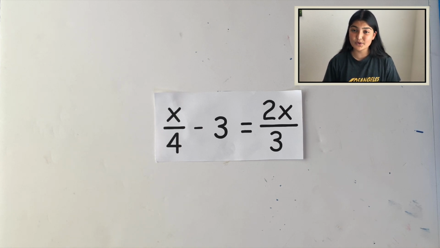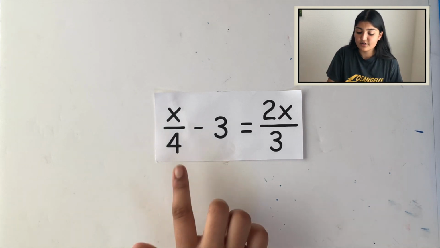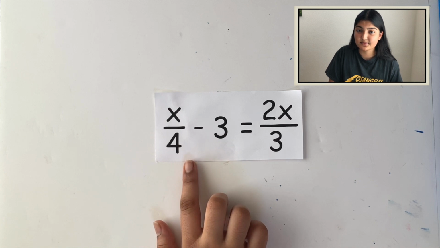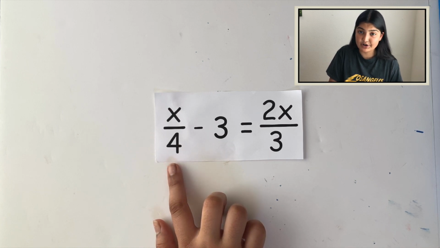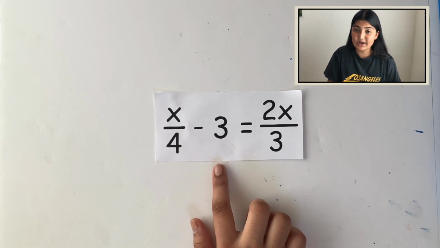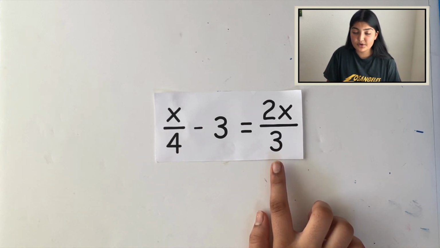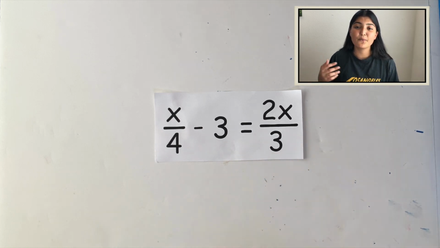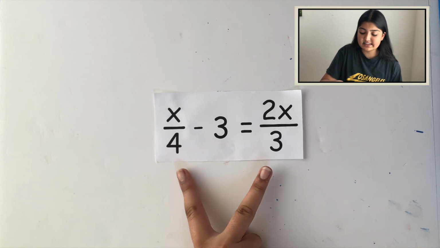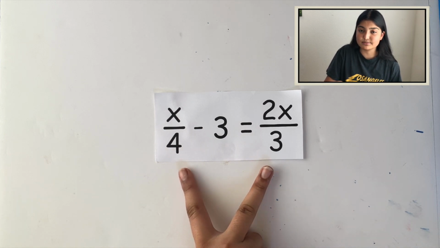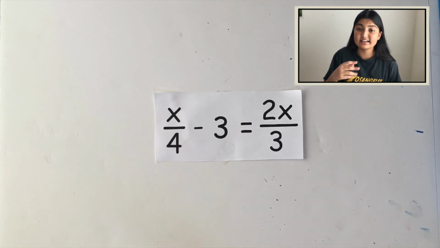Now, in this equation, we're dealing with fractions again. However, on the left side, we have a variable term and a constant. And on the right side, we have another variable term. So why don't we bring these two variable terms to one side of the equation?